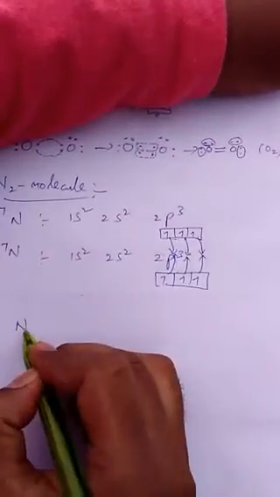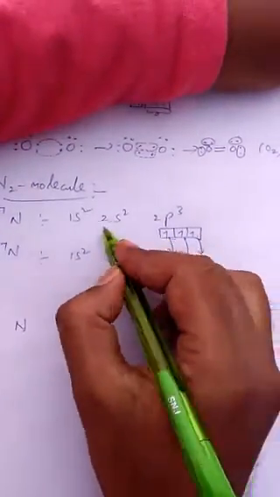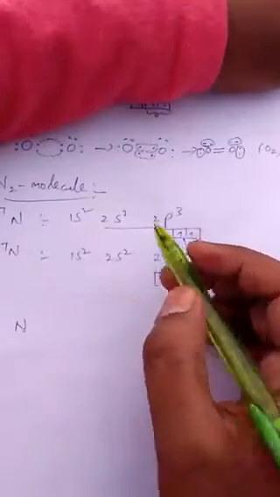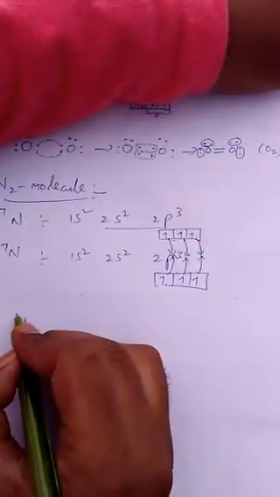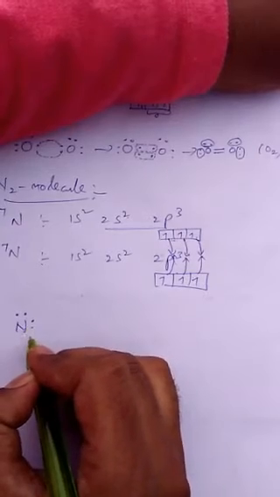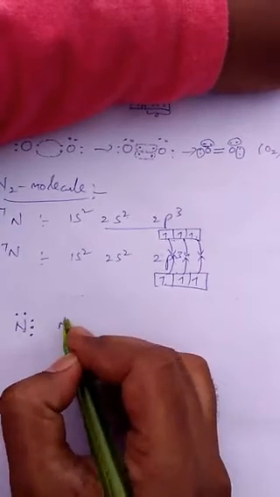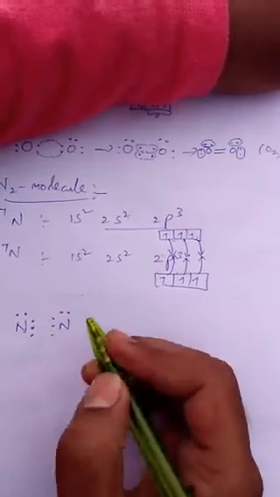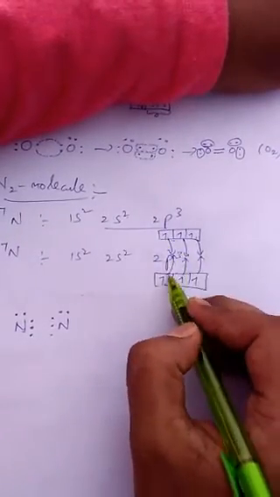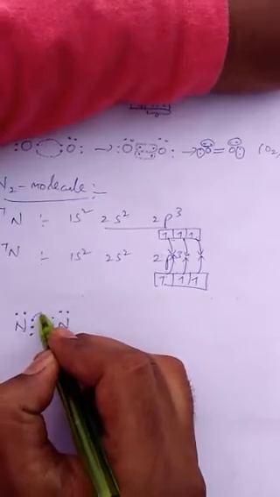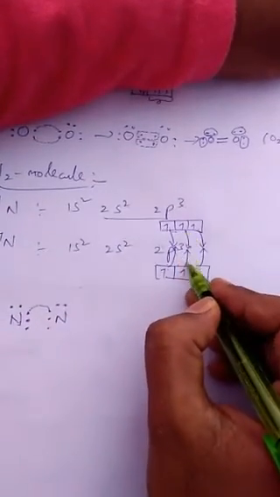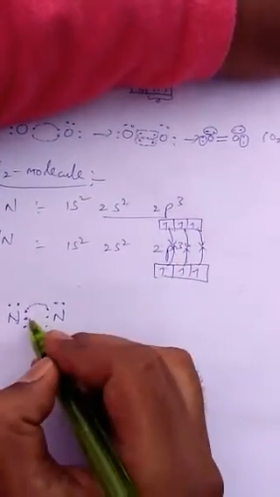Then we keep the first nitrogen's valence electrons. The valence shell, the outermost shell, has 5 electrons, 2 plus 3. So you keep 5 dots, and 5 dots means 5 electrons. The same for the second nitrogen. One bond is formed between these 2 electrons.